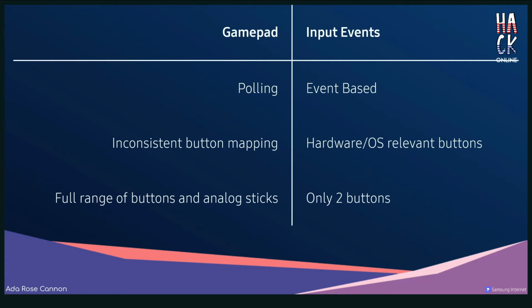So each frame you need to see what the current values are. And if you want to see if something changed, you have to compare it to the data from the previous frame, which can be an irritating thing to do. Whereas the select and squeeze events are event-based. You can use add event listener and just respond to the buttons being pushed.